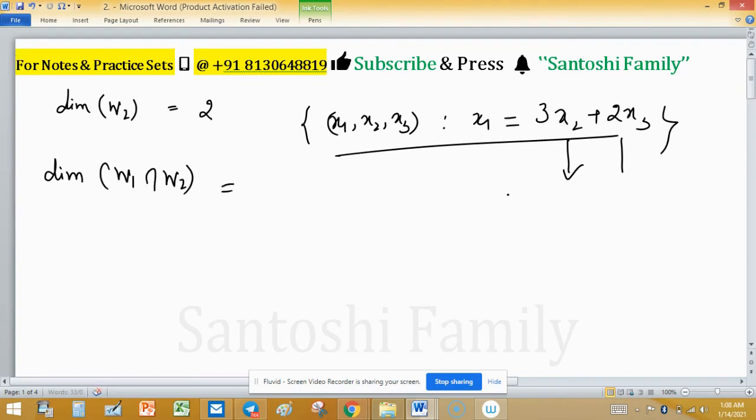For the intersection of W1 and W2, the constituents must satisfy both conditions.